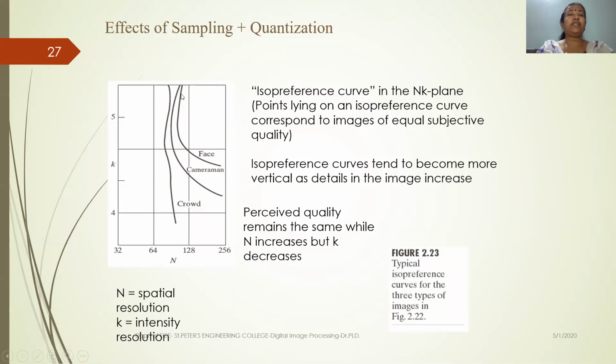While varying the number of bits as well as the number of dots per inch, the low level information image is varied with n from 32 to 256 and k from 2 up to a maximum of 8 here.